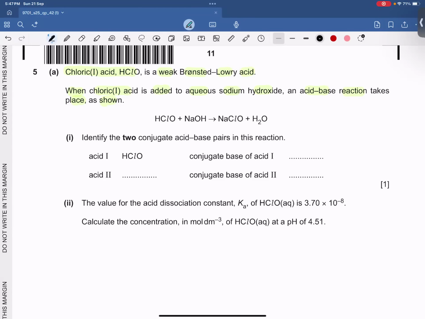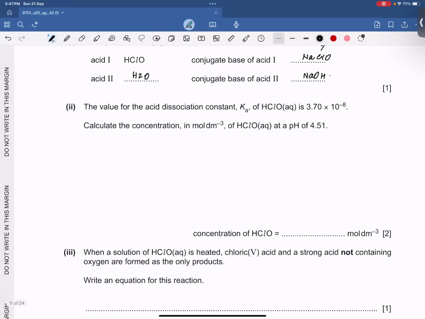The sodium chlorate 1 is basically the conjugate base. Why? Because it has a negatively charged ion which accepts a proton. So a proton acceptor is basically a conjugate base. Now in the second pair, acid 2 is going to be water, and the conjugate base is going to be sodium hydroxide. All right. I hope it makes sense to you.